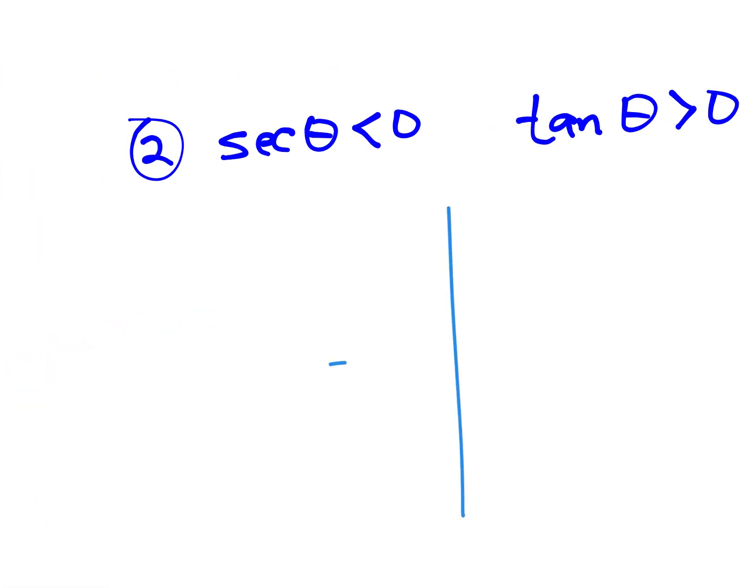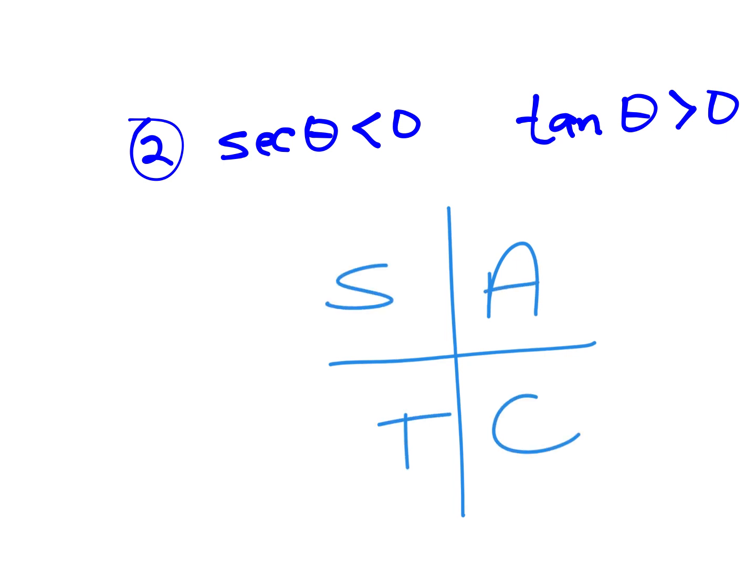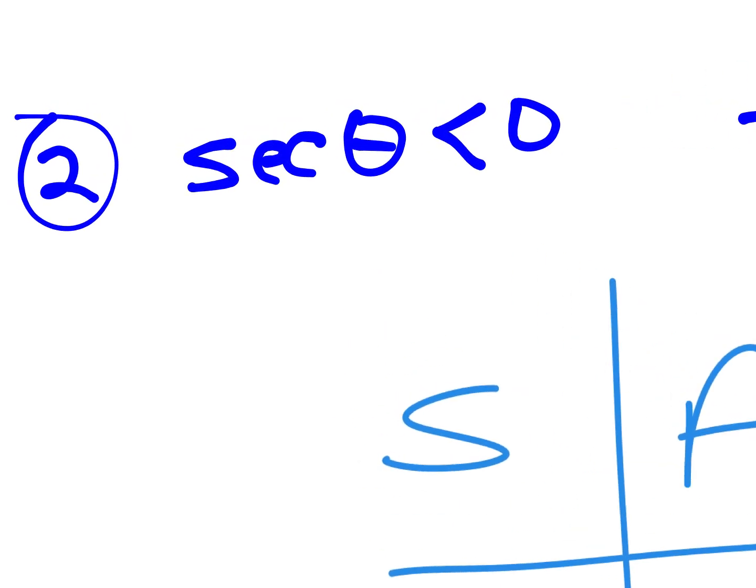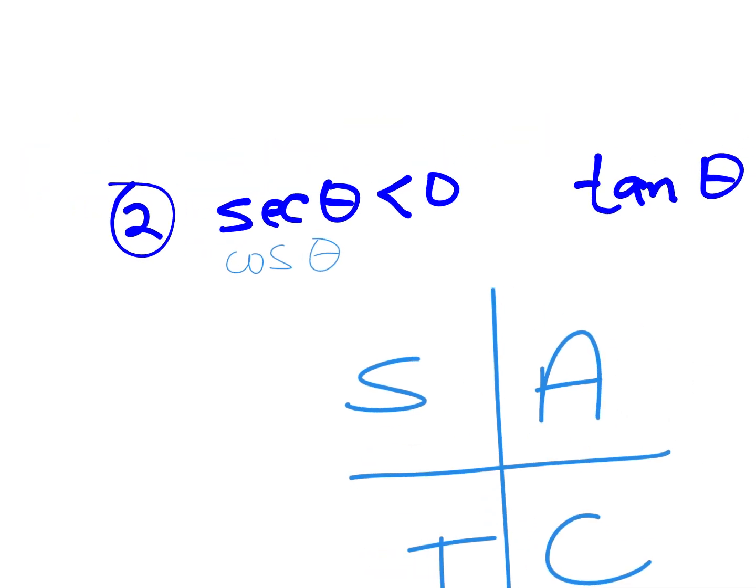Now let's look at the next one. Okay, again, All Students Take Calculus. You look at each parameter separately. Look at the first one. Whenever I have a reciprocal function, I always write the original so I don't make a silly mistake. What does secant go with? Cosine, all right? So it says cosine is less than 0. What does that mean?